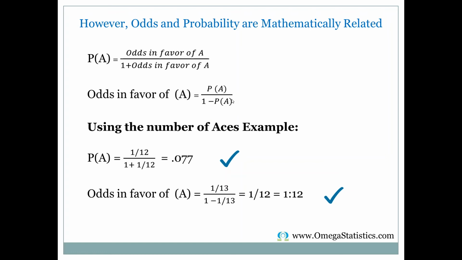We take the probability of A, which is 1 over 13, and then we take 1 minus 1 over 13, and we come out with 1 over 12, 1 to 12. So it is the information we did get on the previous slide. So you can use odds to get probabilities and probabilities to get odds, but they are different.